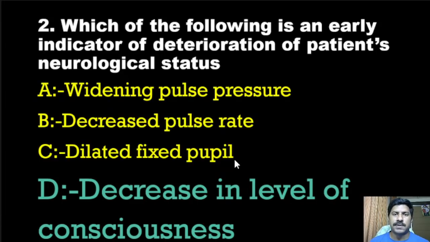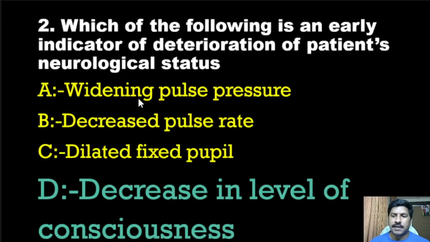Dilated fixed pupil is also seen in the increased ICP condition because of compression on the optic nerve. It will cause damage to the optic nerve and other nerves controlling the muscles of the eye and pupil. So dilated fixed pupil is actually a late sign of increased ICP.